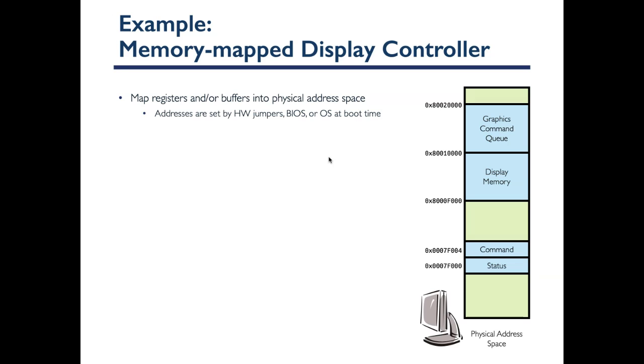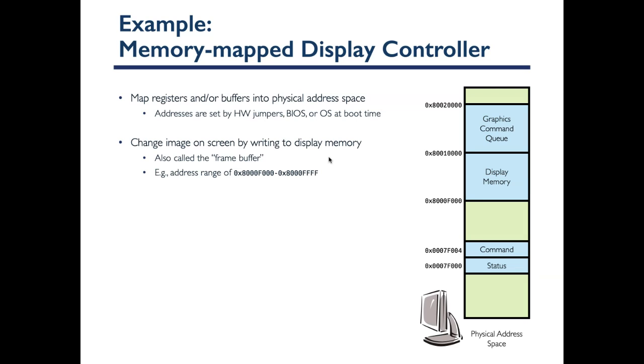Here we want to see an example where we're communicating with the display through the memory mapped method. During boot time, you usually communicate with the device, and either the BIOS or the operating system assigns the ranges to the device, so the device knows what addresses it has to listen to or write to.